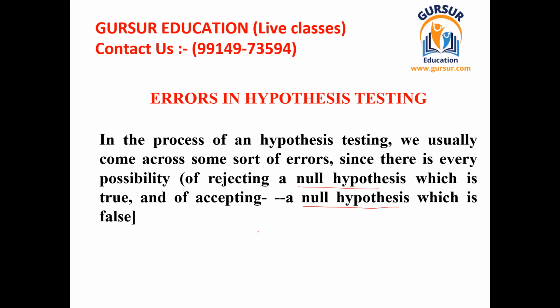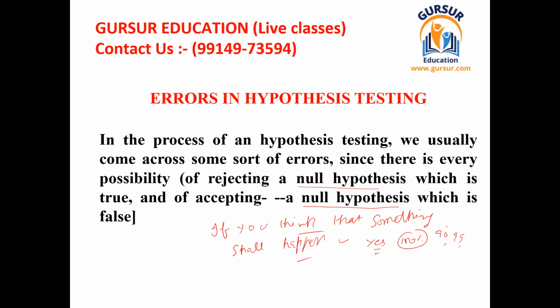Just after finishing the class, I simply told him that if you think that something shall happen, and you assume that yes, it shall happen, you have belief in you, you have faith in you, maybe not 100%, maybe 90% or 95%, because there is always a probability of you yourself being wrong.